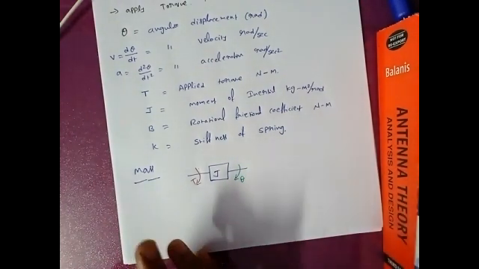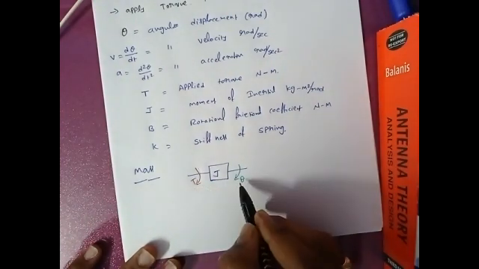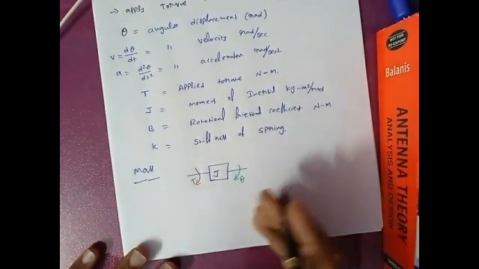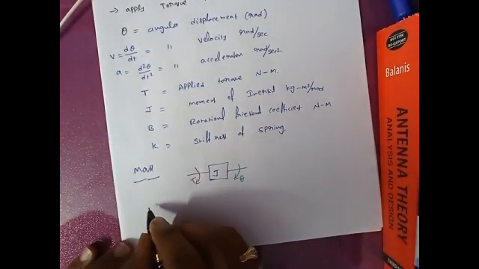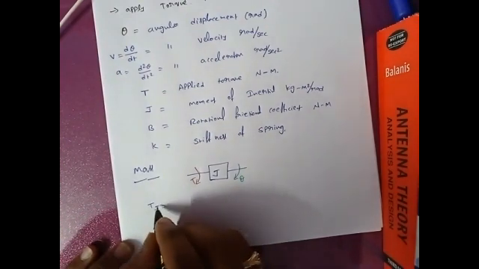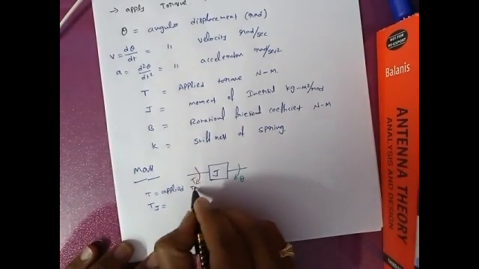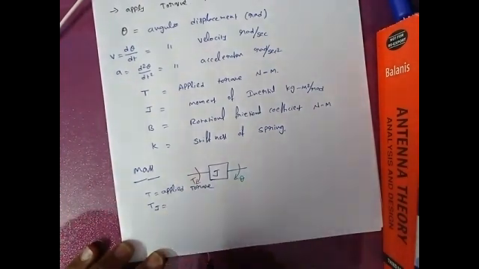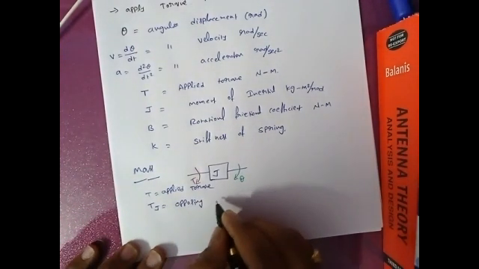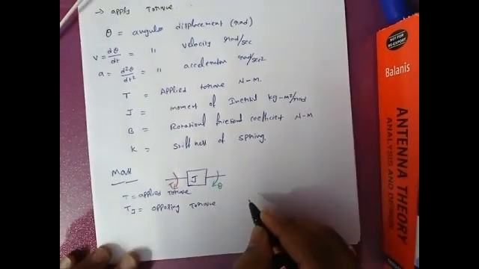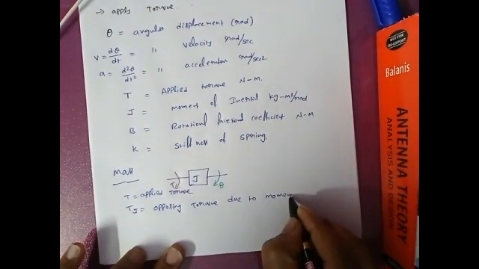We already discussed in the last class that in whichever direction we apply the force, the displacement is measured in the same direction, because in the system movement is only on that side. So here T is the applied force or applied torque, and Tj is the opposing torque due to the moment of inertia of a body.